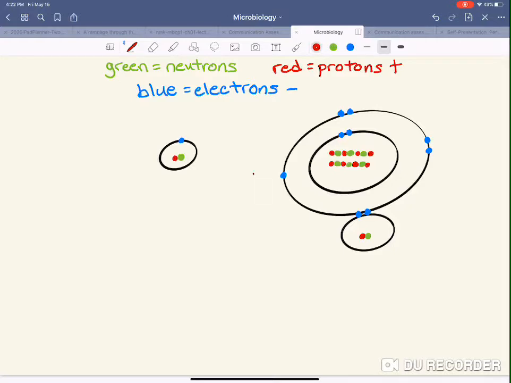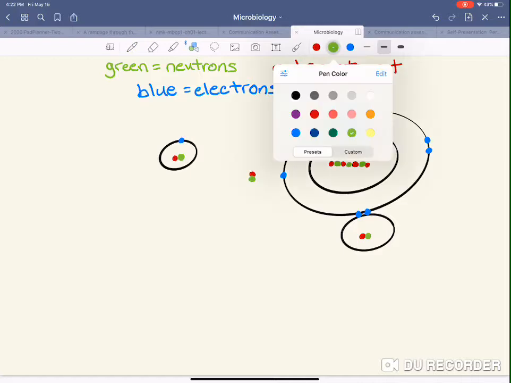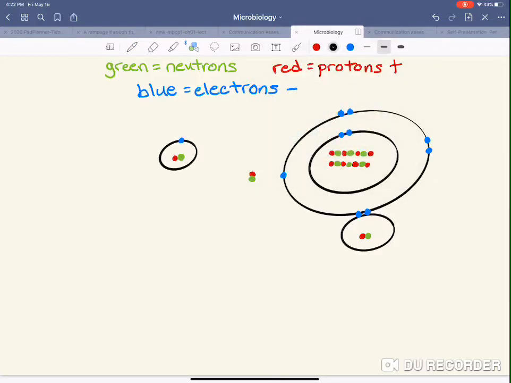So we have one proton, one neutron, and then we're gonna draw our shell. This one got kind of far away there. That's okay. We're just gonna imagine that it's touching.